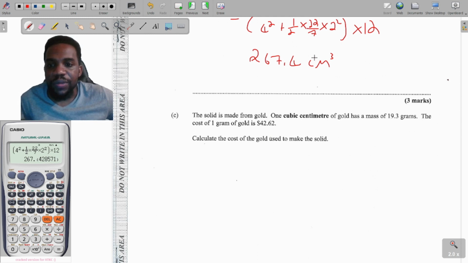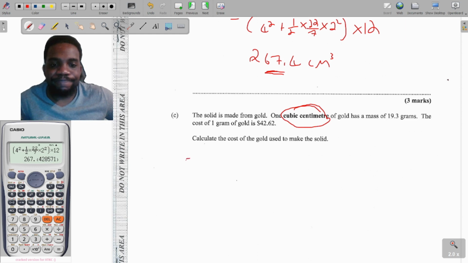This is in cubic centimeters, but they gave you the cost per gram, so you have to turn this into grams, right? But what did they tell you? 1 cubic centimeter of gold has a mass of 19.3 grams. So if that is the mass for 1 cubic centimeter, how do we get the mass for this, which is 267.4? We have to multiply, right?